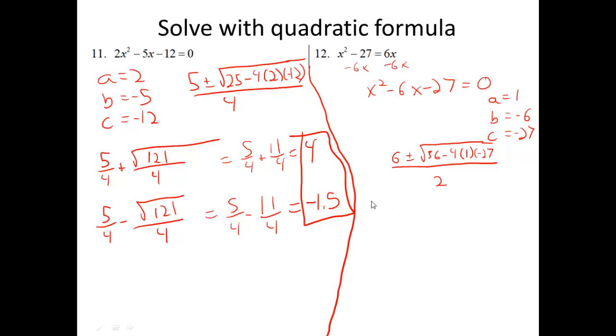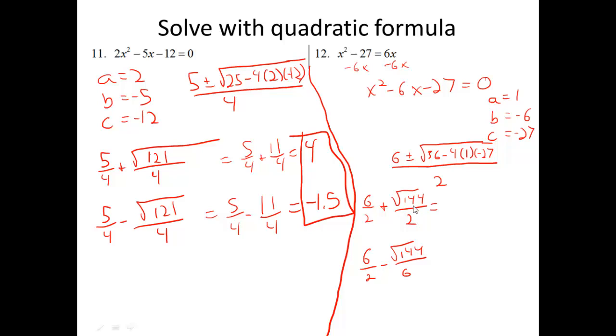So we have 6 over 2 plus 4 times 27 is 108. 36 minus the negative 108 is 144. All over 2. And we have 6 over 2 minus the square root of 144 over 2.